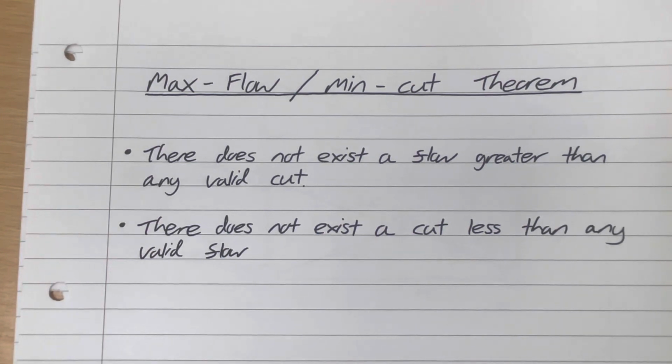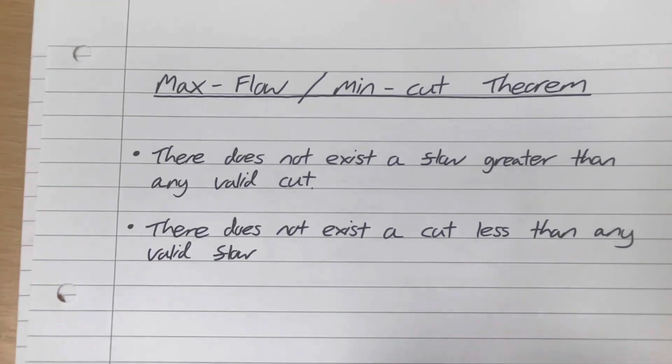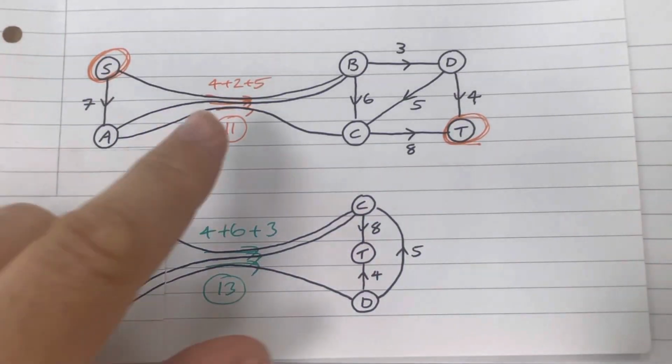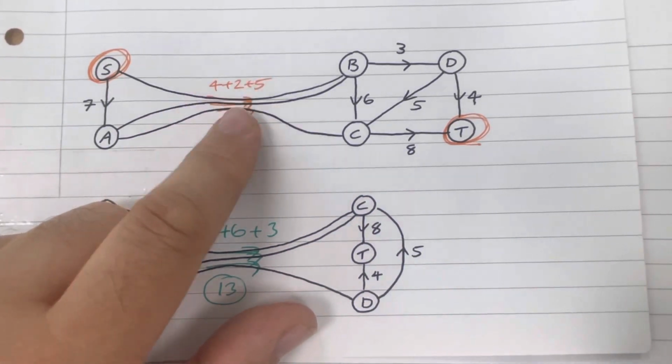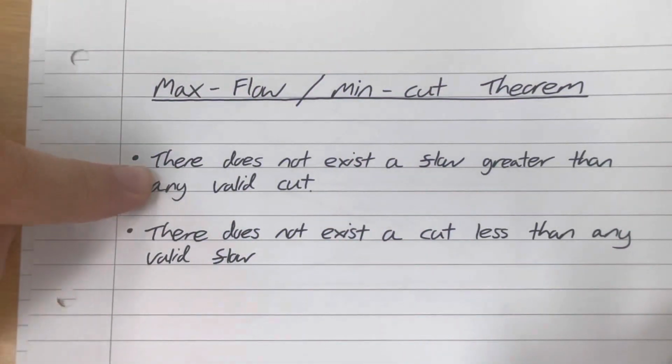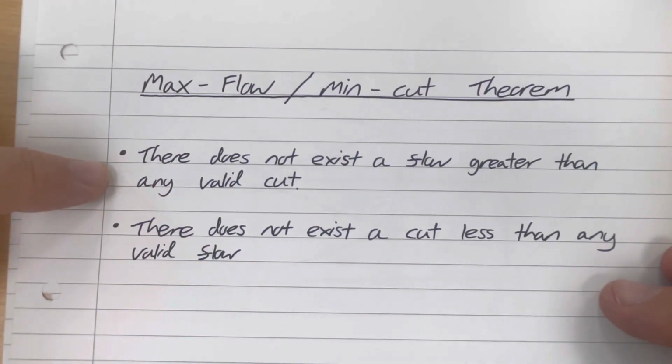So it is clear that there does not exist a flow greater than any valid cut, and that is for this reason here, kind of pinching the network together. We cannot get a flow that's bigger than 11 through this network because of this pinch.